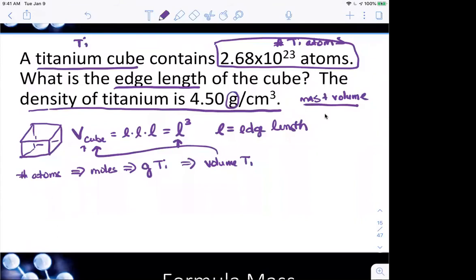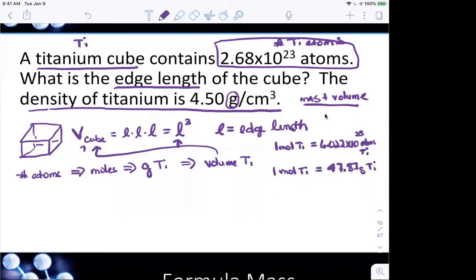So what equation or what conversion factors do we have? I know 1 mole of titanium is equal to 6.022 times 10 to the 23rd atoms of titanium. I know that 1 mole of titanium is equal to 47.87 grams of titanium, and that's off the periodic table.